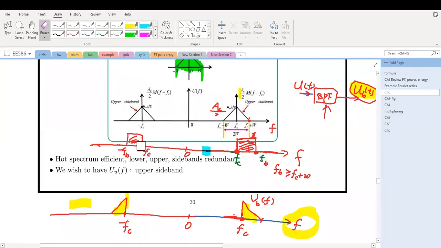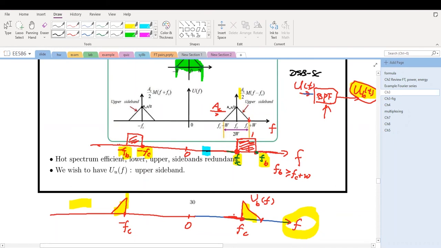On the negative part of the frequency, the spectrum of the bandpass filter is symmetric. So here is fc, here's minus fc, here is fb, and this is minus fb. I assume the magnitude of the bandpass filter is 1, just for simplicity, because I don't want to attenuate or amplify the signal.